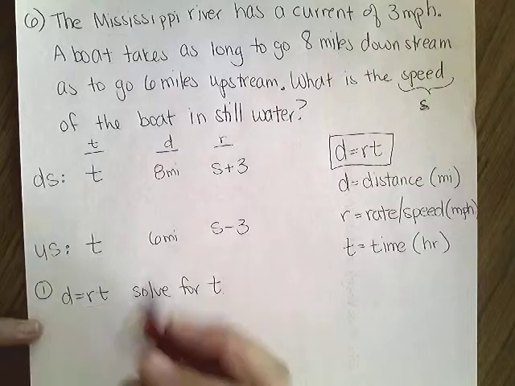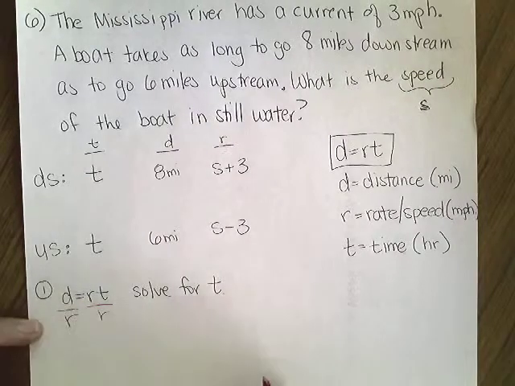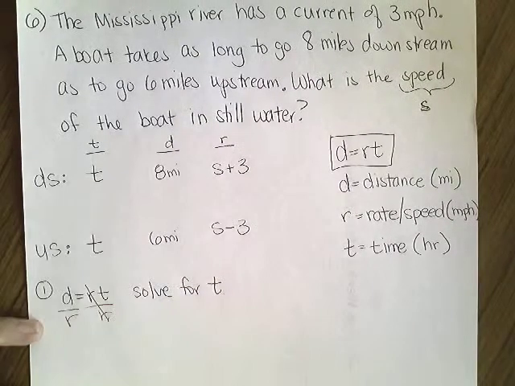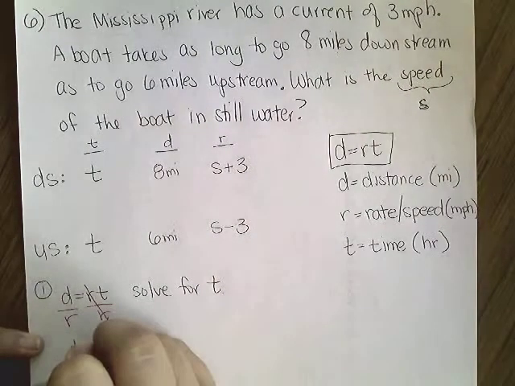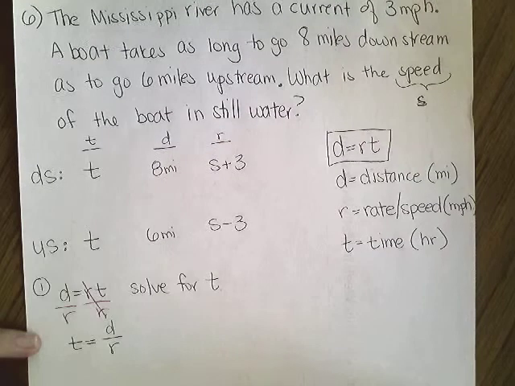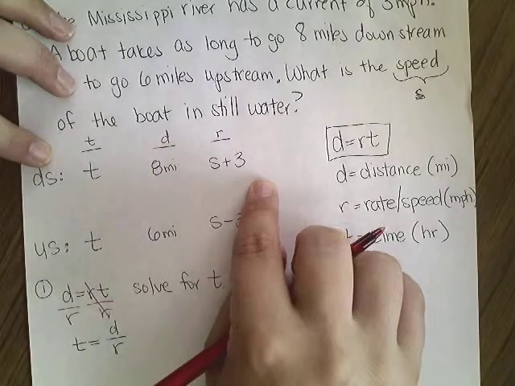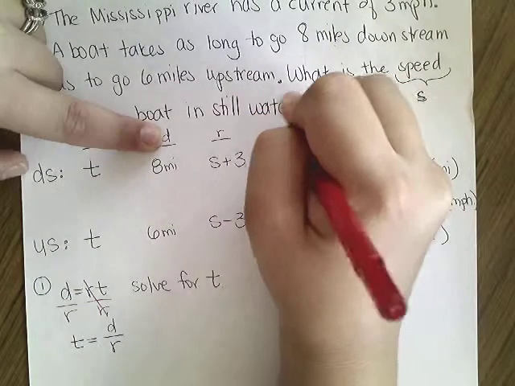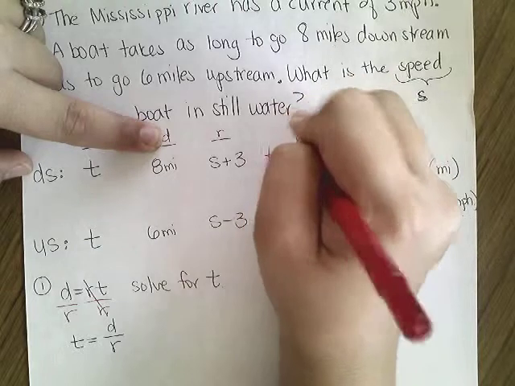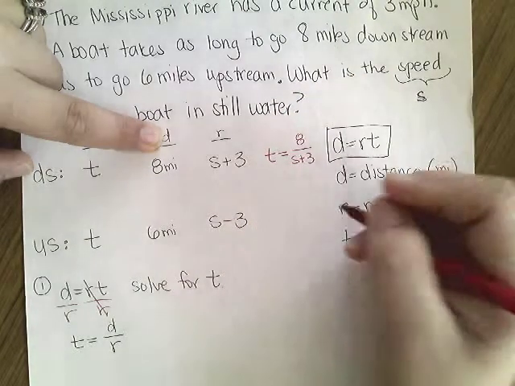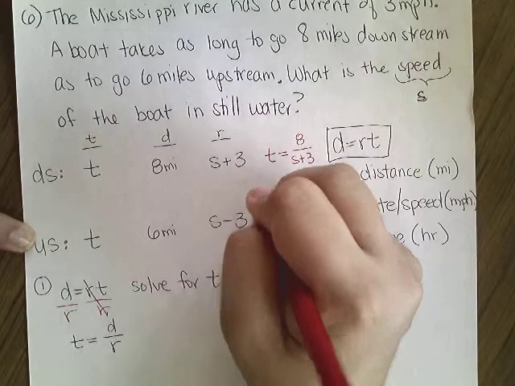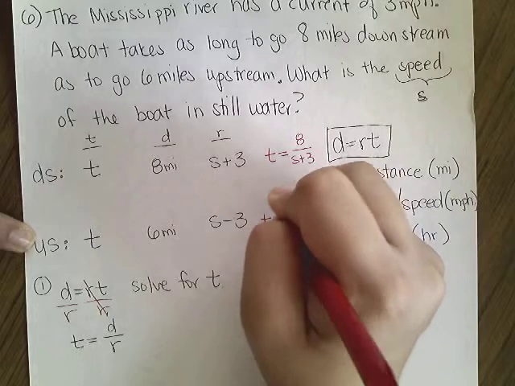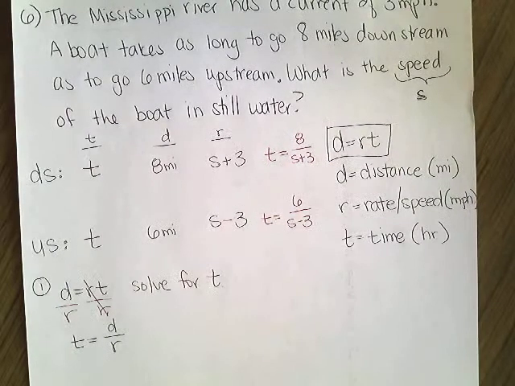I'm going to divide both sides by R to get T equals D over R, and set up an equation for each one. For downstream, we have T equals 8 over S plus 3. And for upstream, we have T equals 6 over S minus 3.